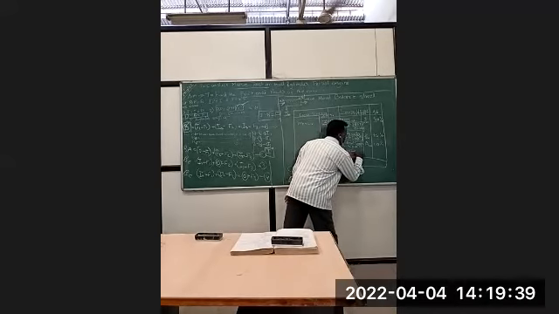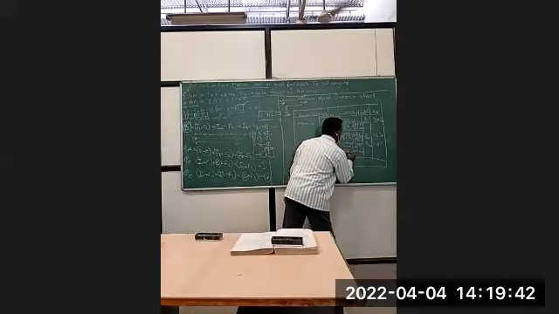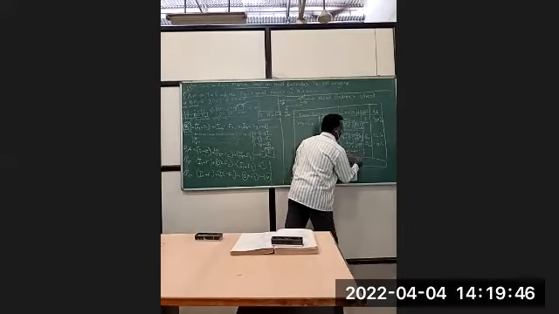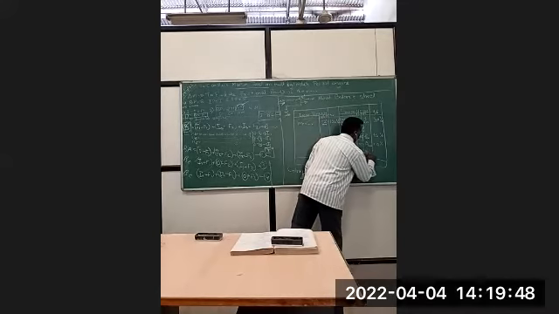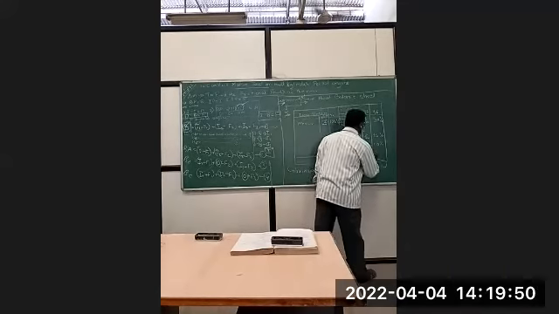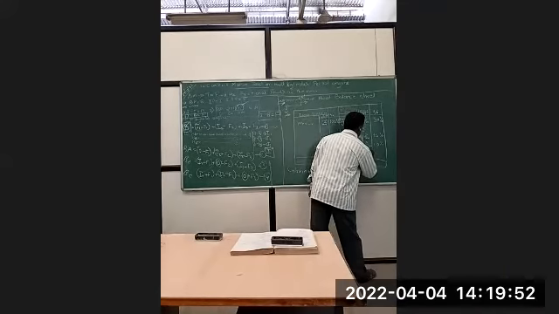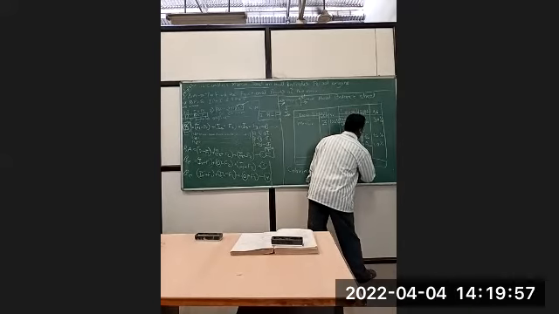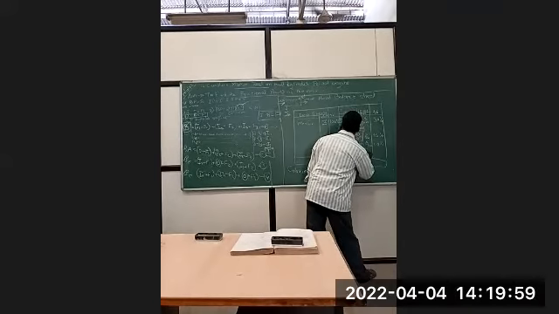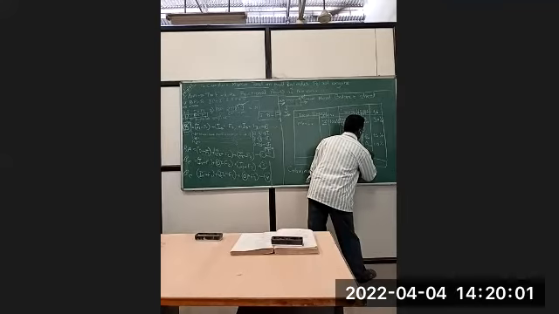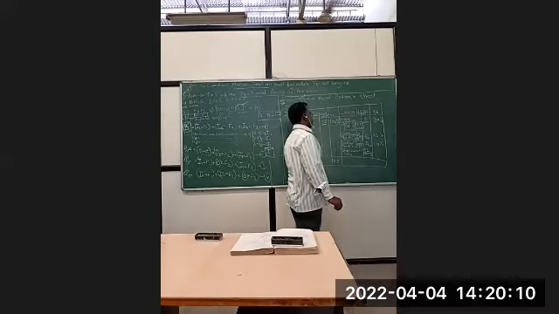Let these unaccounted losses be B kilowatt, which will be equal to X minus Y plus Z plus A. Okay, that is equal to B.